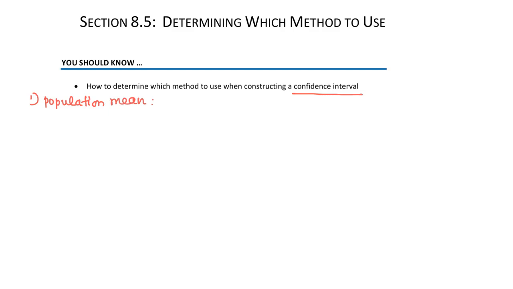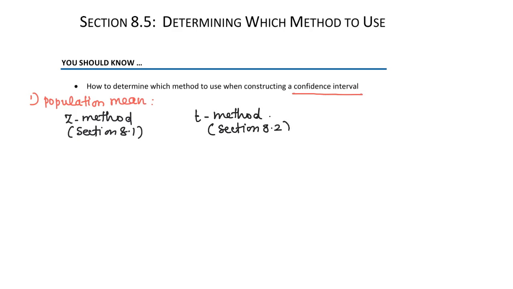So for population mean, we have two methods, Z method or T method. This is explained in section 8.1 and this is explained in section 8.2. So here sigma is known and here sigma unknown.